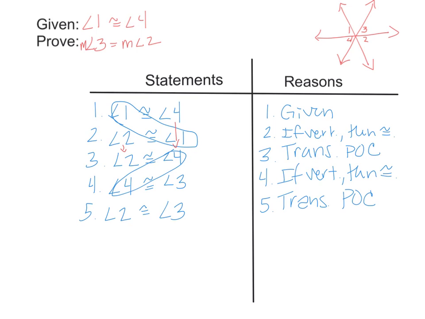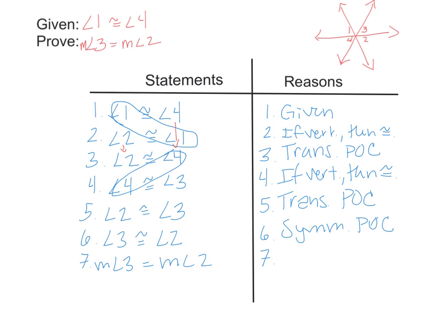I bring down the 2, bring down the 3, and I have 2 more steps left. Those 2 steps can be in any order. I need to flip and change it to an equals. Angle 3 is congruent to angle 2, so that's symmetric POC. And then measure of angle 3 equals the measure of angle 2 by if congruent, then equals.